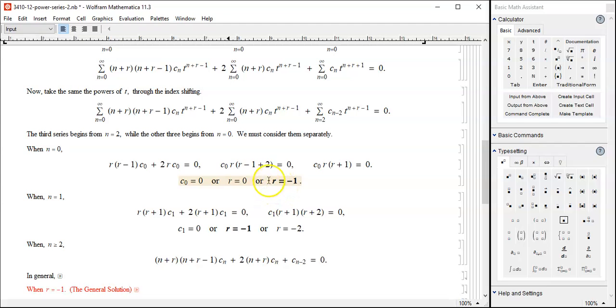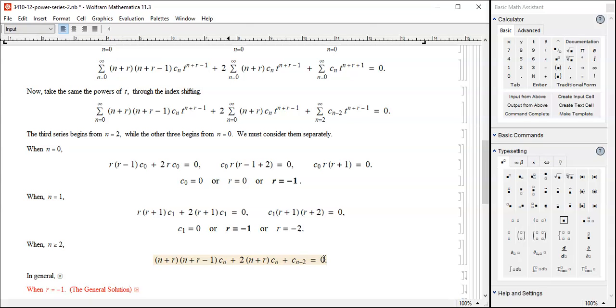And if you get both of them from r equals negative 1, that's it. If you don't, if you have just one, then I have to come back and consider r equal to 0, and consequently C1 is equal to 0, or r equals negative 2, and consequently C0 equal to 0. We have to consider it then, but that can wait. For the time being, let's focus upon the r equals negative 1 case.